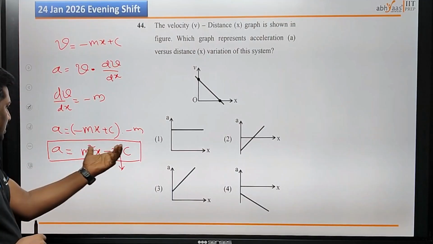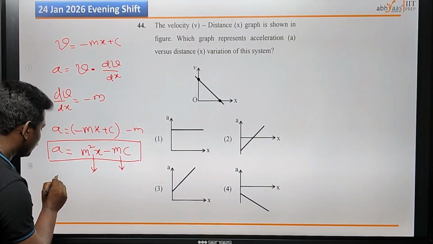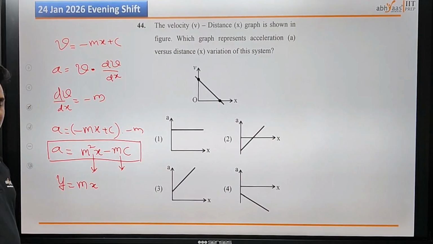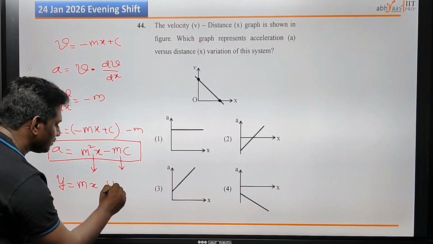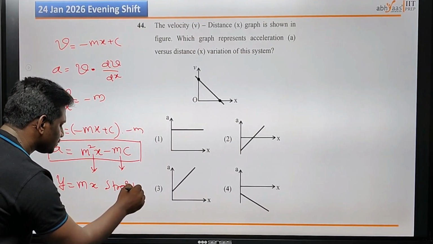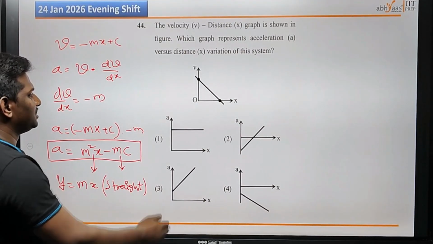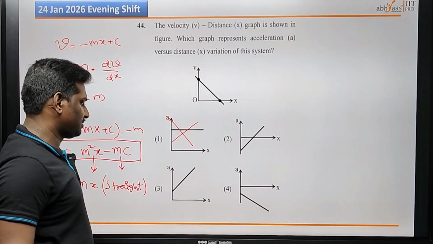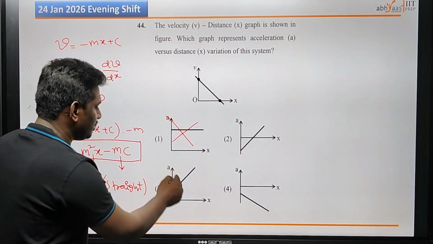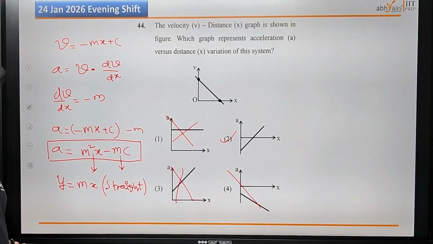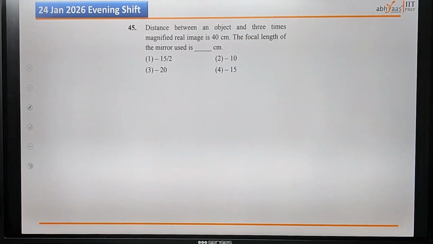If you observe the equation, y equal to mx plus c, it's a straight line. So it's a straight line. No negative intercept here. So option 2 is having the negative intercept.